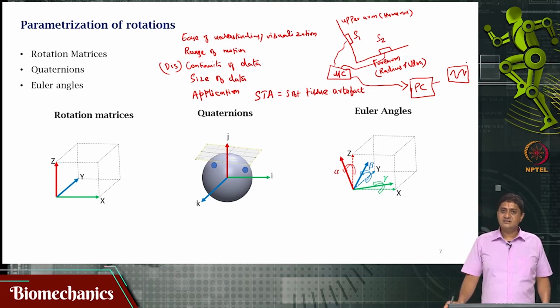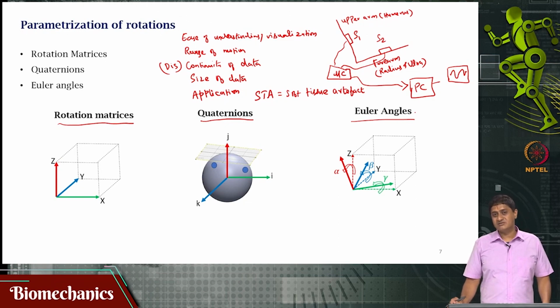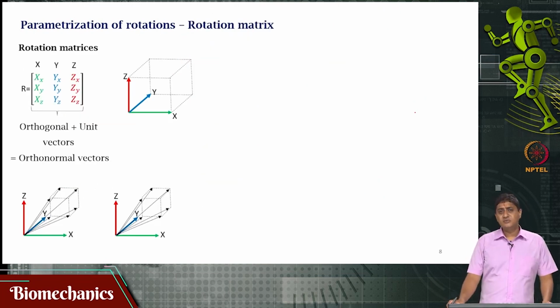So the data that is received by the PC can be either in the form of rotation matrices or quaternions or Euler angles. The specific method, the exact method that is used depends on the application. It could be any of these. We start our discussion with rotation matrices.